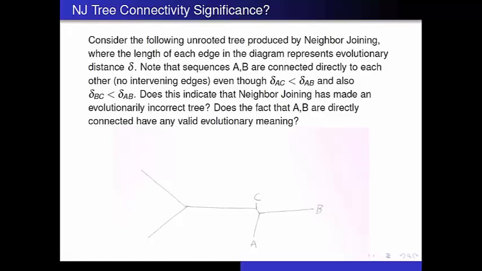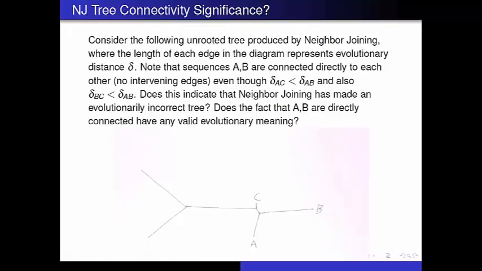So we would draw one long period of time going down to A, then a period of time going down to the ancestor of B and C, and then a shorter period of time going down to B and C from their common ancestor.